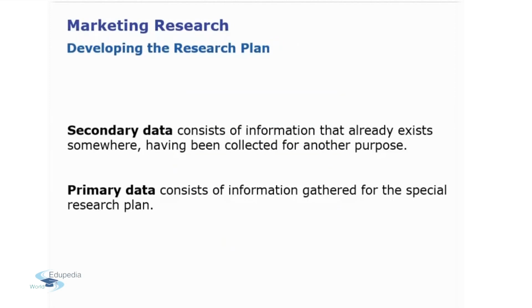Okay, developing the research plan, you have secondary data and you have primary data. Secondary data consists of information that already exists somewhere, having been collected for another purpose. For example, if you need to find out how many people are living in the country where I'm living, the UAE, you need to find out the population of the UAE.